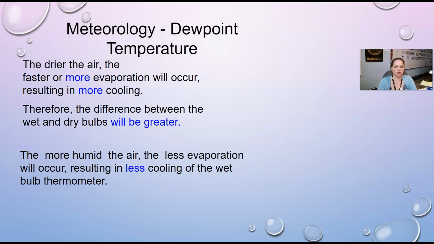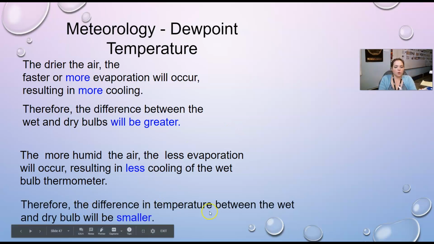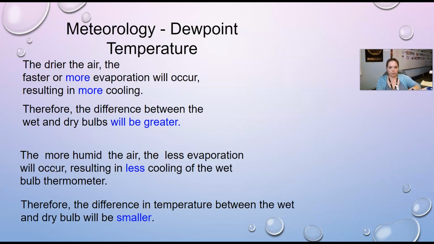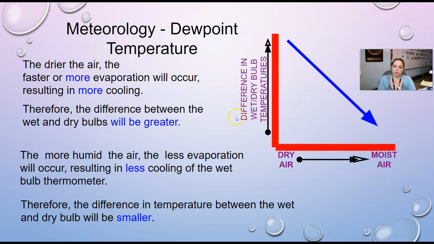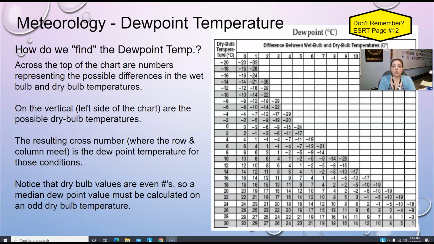I think I've got a 6 degree difference right now. That's about even, like halfway. So if it's more humid, less cooling, the difference will be smaller. More evaporation, more cooling, greater the difference. So the difference between the wet and dry bulb goes up the drier the air is, and it decreases the more moisture the air has.